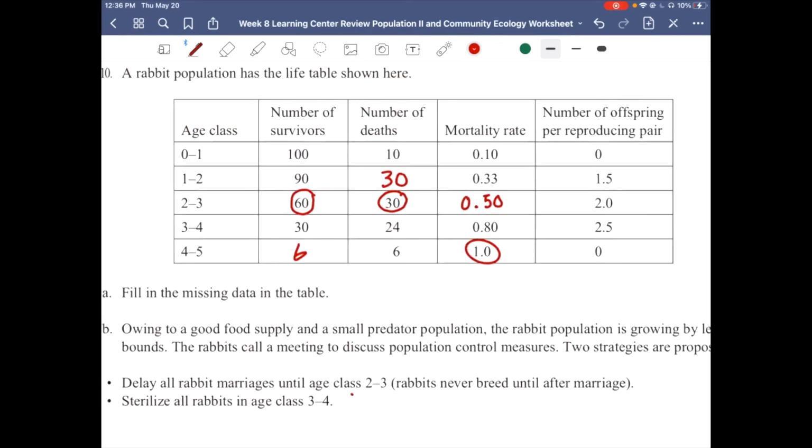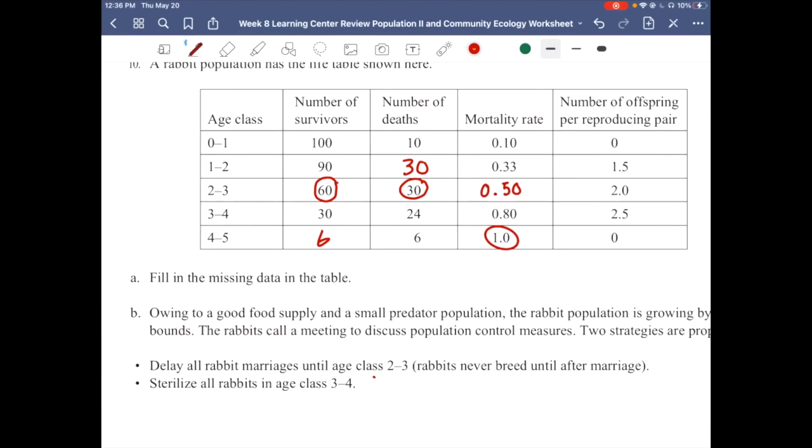So if we go back here, for this one, it's saying sterilize them, this population. And then another proposed one is wait till marriage, or more specifically, delay marriage.